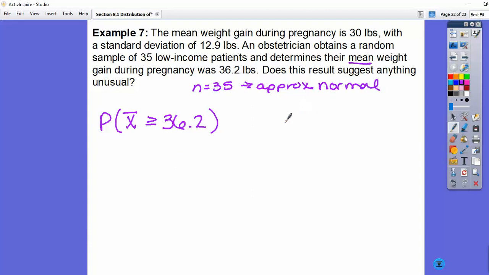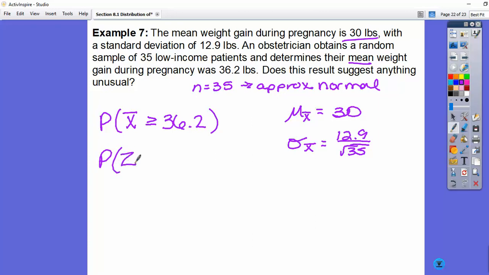So we need the mean and standard deviation for the mean. So the mean would be the same as the original, which was 30. The standard deviation of the sample means would be 12.9 over the square root of 35, and you're welcome to convert that to a decimal if you prefer. So I need the probability Z is greater than or equal to 36.2 minus 30 over my standard deviation.